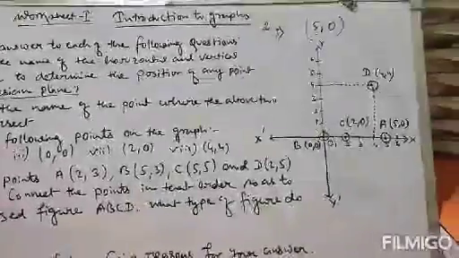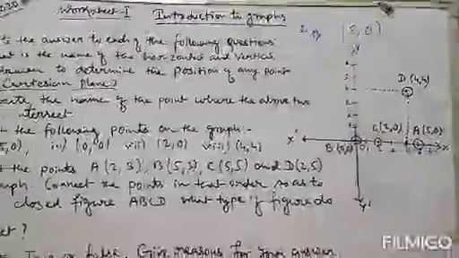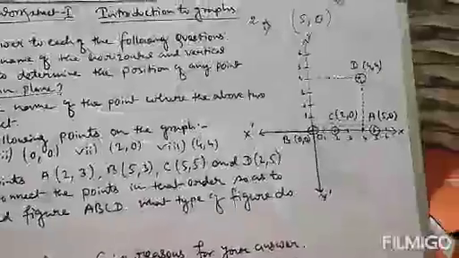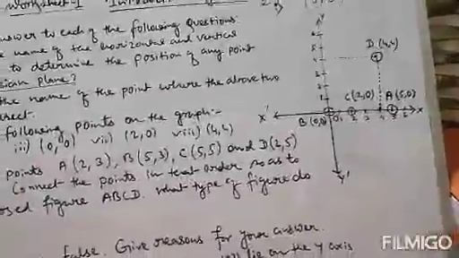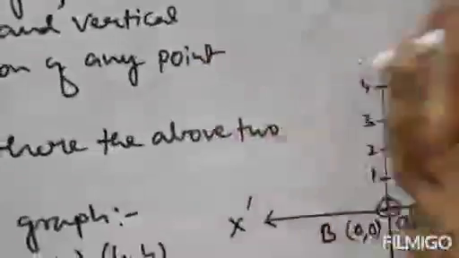I have plotted all these points in a single graph, but in your exam, if these questions are asked, you will plot the points by drawing a separate graph, that means each graph for each question. Clear? So question number 2 is complete.